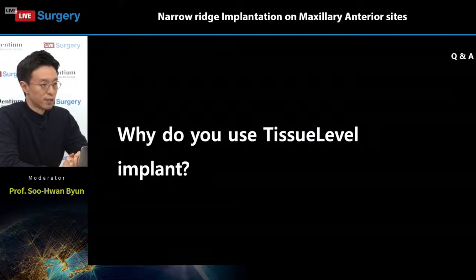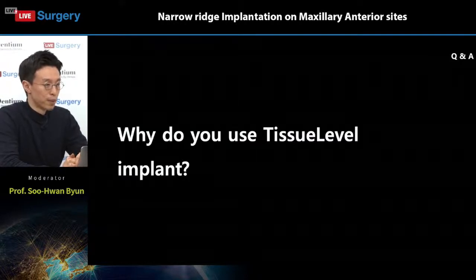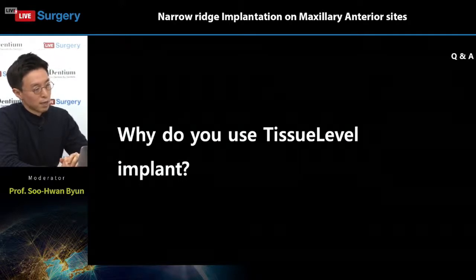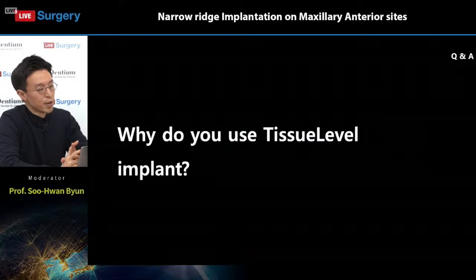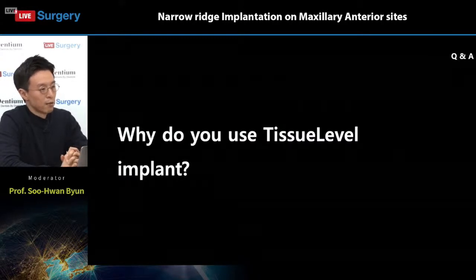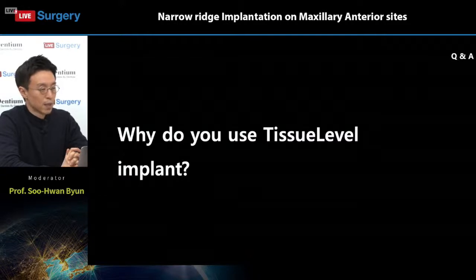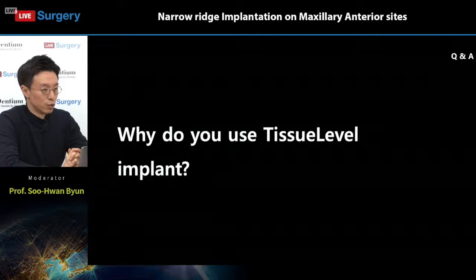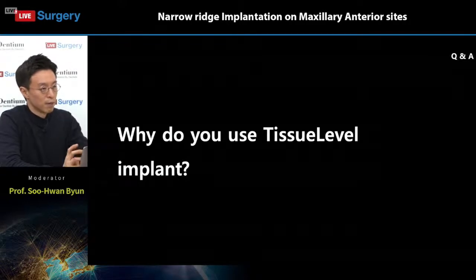So we can achieve minimalism implant surgery. So when we encounter a severely resorbed alveolar ridge, I recommend using the tissue level Bright implant system. Using the tissue level implant can reduce bone grafting, so we can achieve minimalism implant surgery.